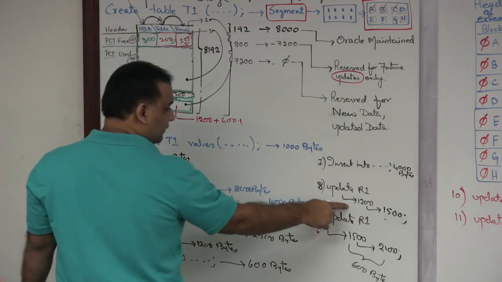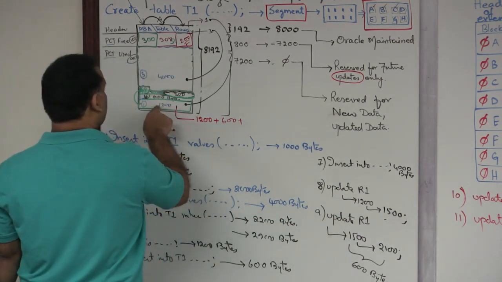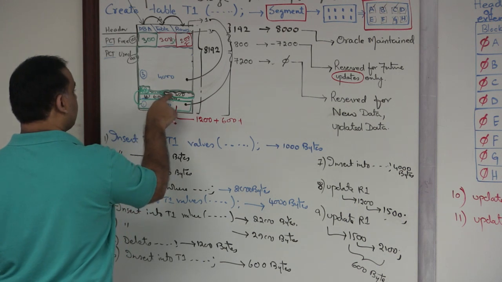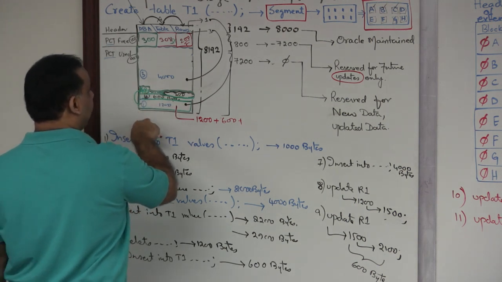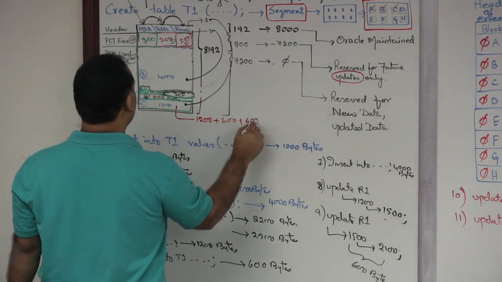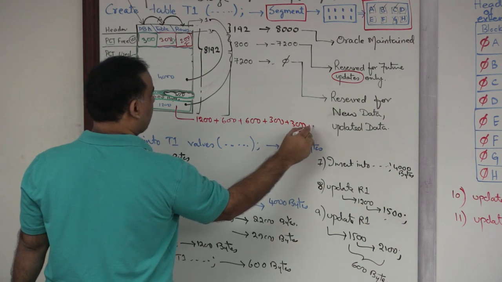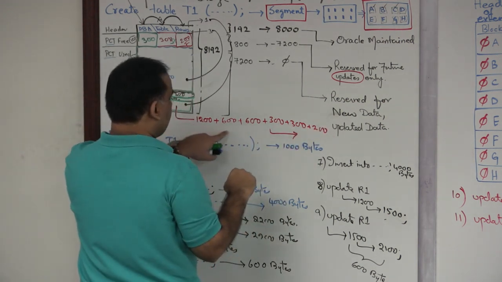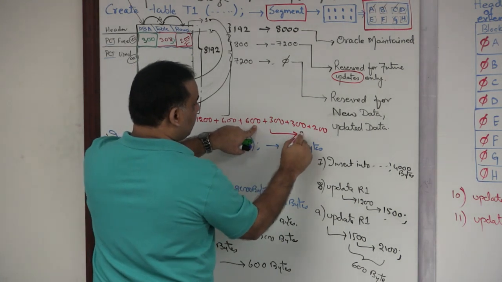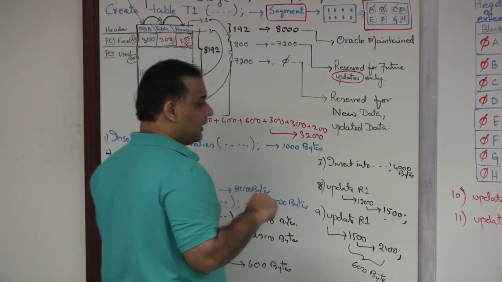Okay, I'm lost now. So 1200 here and then 300 and then I think we added another 600, right? Okay, let's just say this is what we have now. So we added 300 more, then we added 300 more, then we have 200 more. So row number 1 is 3200 now. Is that right?